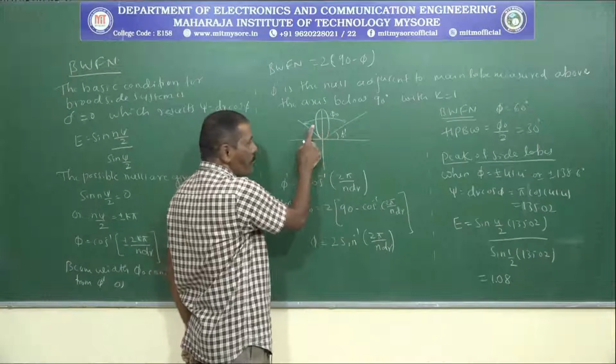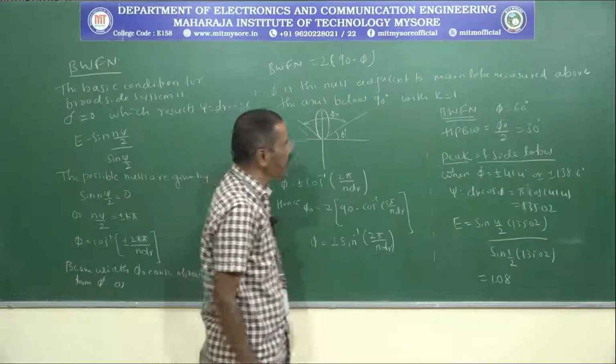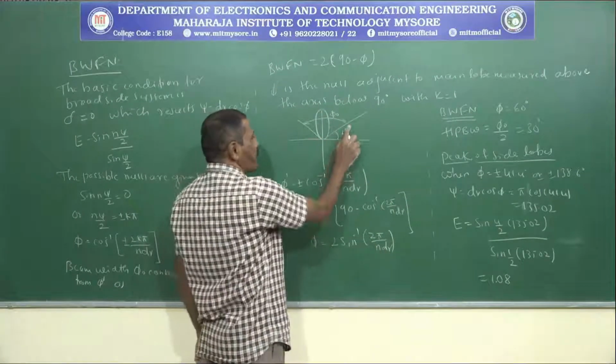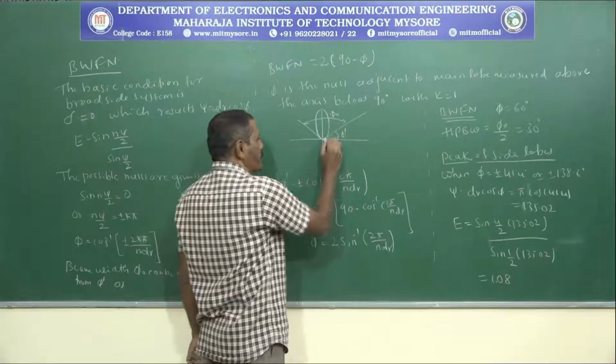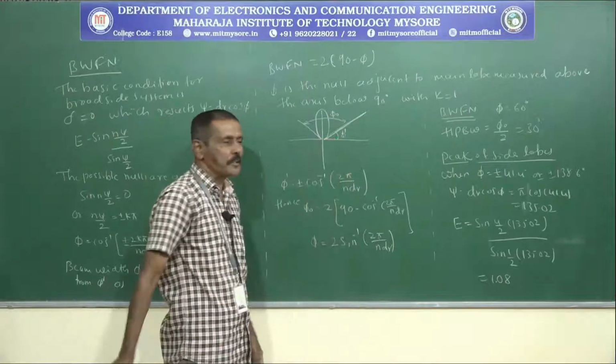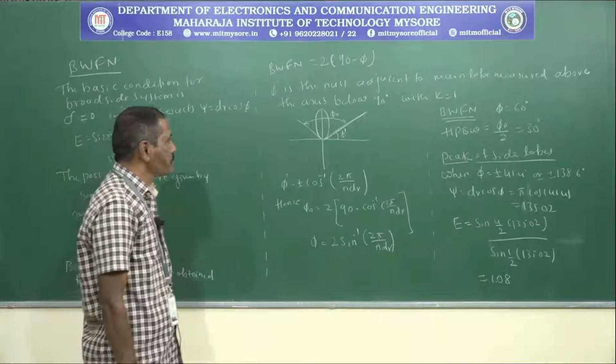This is our main lobe and this is the null point, because we are not having any radiation here, above the axis and below the 90-degree. Whatever angle we get adjacent to the main lobe, we call it phi dash.